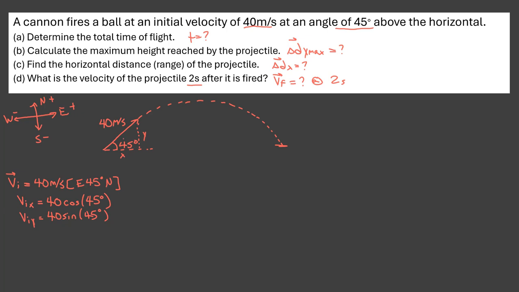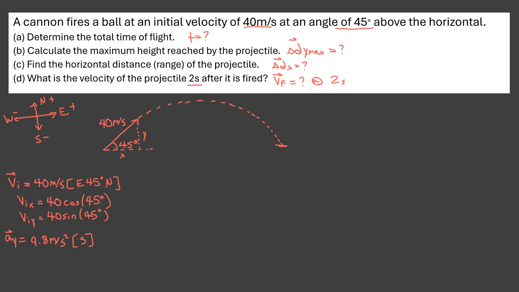But anyways, we also know that we're going to have some gravitational acceleration, so that impacts the acceleration in our y component, and unless otherwise specified, it's always going to be 9.8 meters per second squared in the south or downwards direction. And there's one other thing that I can take away from this. I know that my ball is being launched from the ground and it's eventually landing back on the ground.